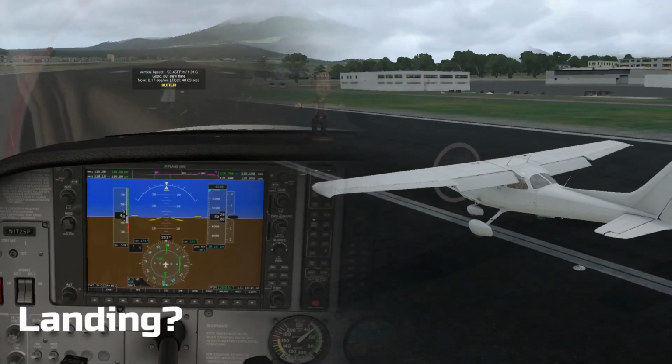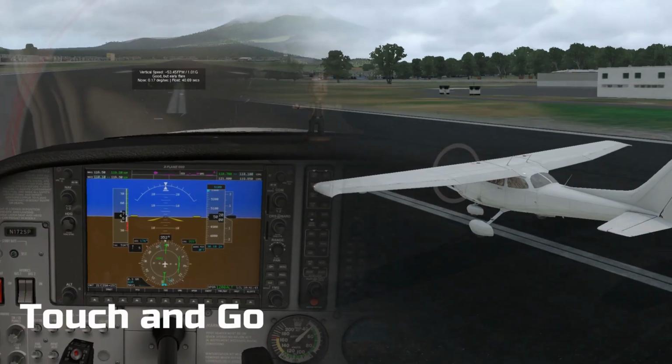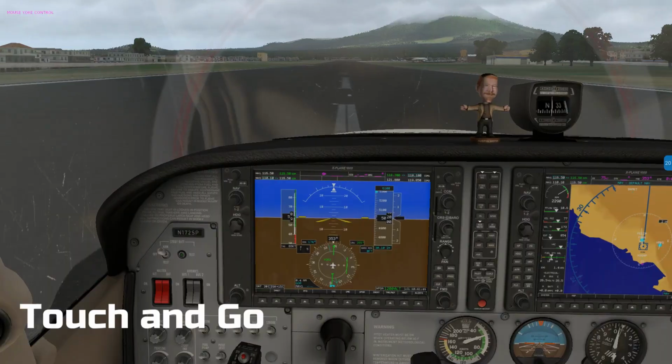Nice, nice. Okay, flaps up and take off. Rotate.